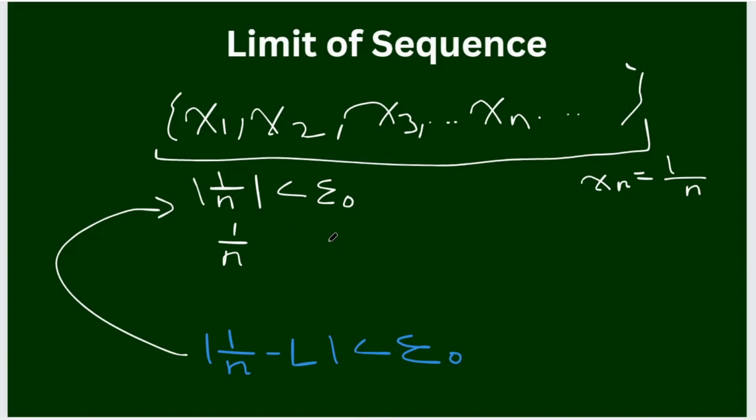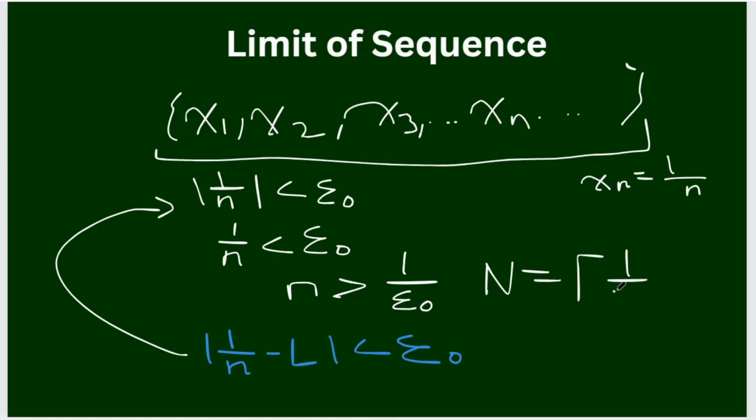And if you solve for n, if you write n on the left side, then n is greater than 1 over epsilon 0. So what is n equal to? Well, the capital N is equal to the ceiling of 1 over epsilon 0.